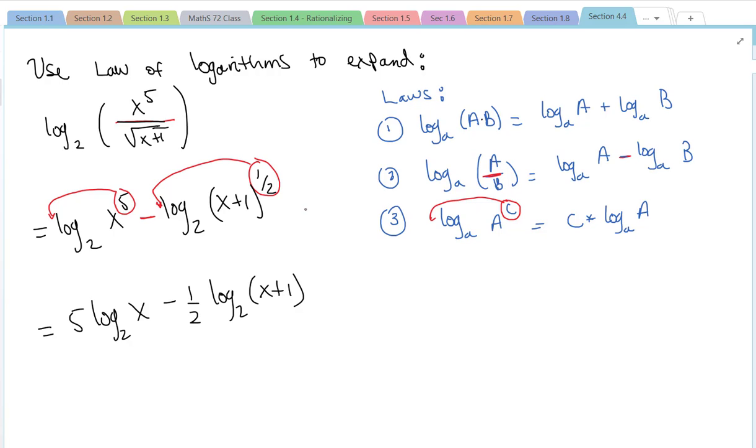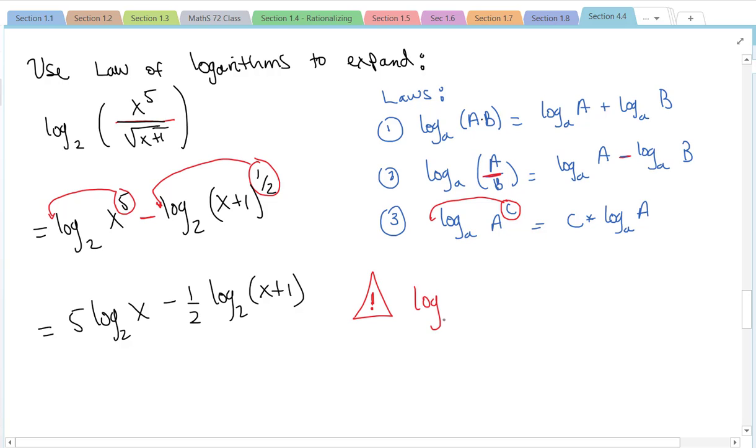So my caution here is that there is no rule for log base a of a plus b that gives me anything. So this is not equal to log base a of a plus log base a of b. So the logarithm is not distributed.